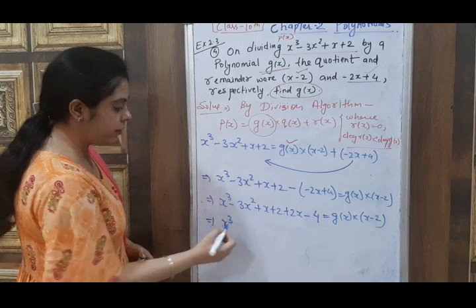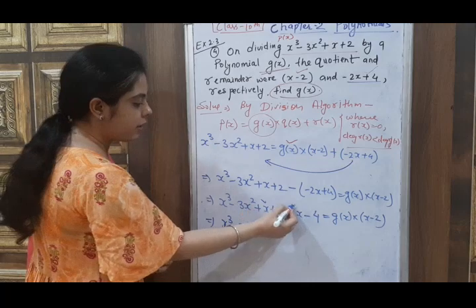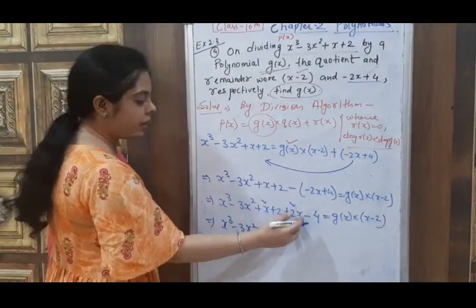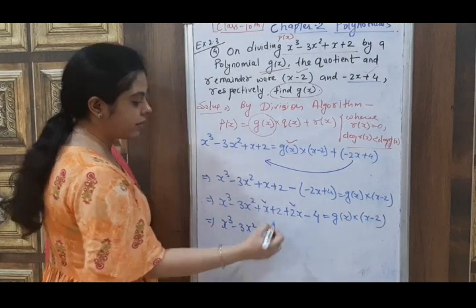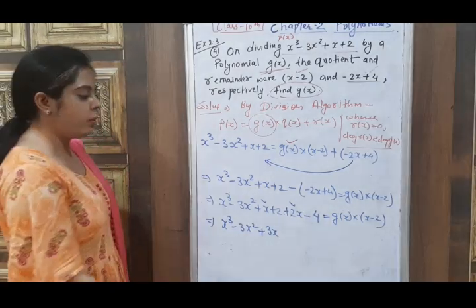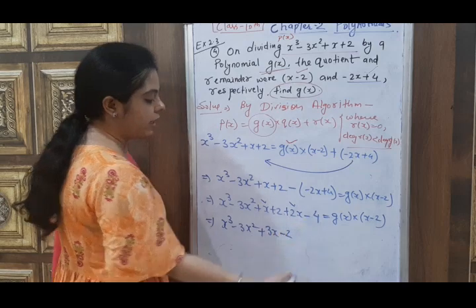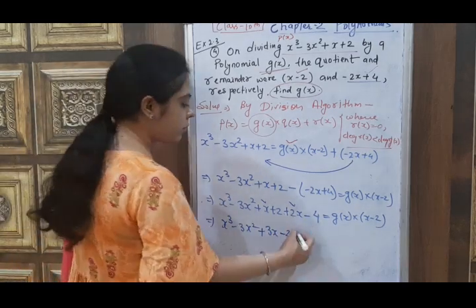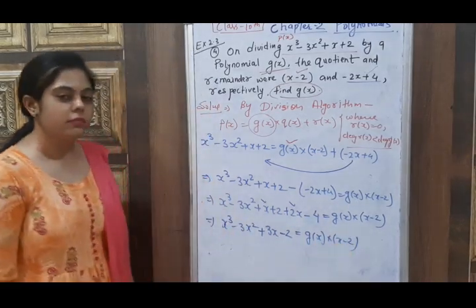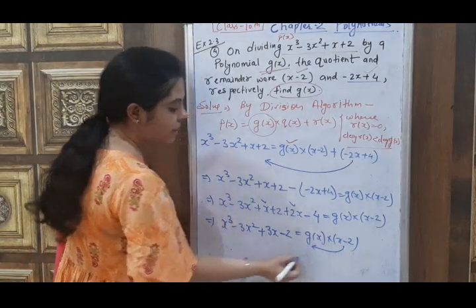So here x cube we write as it is, minus 3x square as it is, and this x and 2x are like terms, and when we add them, we get here 3x, and plus 2 and minus 4 are constants. So when we solve it, we get plus minus minus, and the greater number sign is minus. So minus 2 is equal to gx into x minus 2. Now we transfer this x minus 2 here.